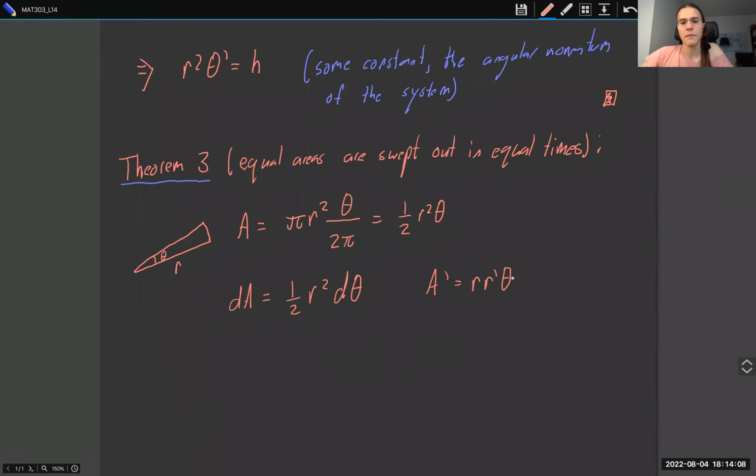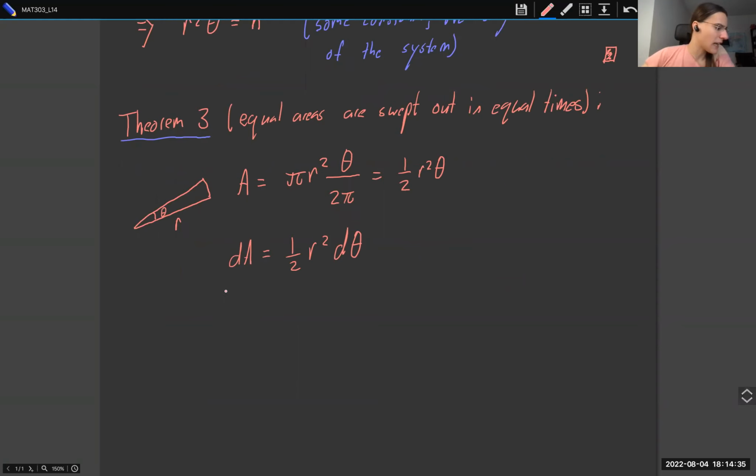But theta here is only meaningful as a change. So this really says an infinitesimal change is equal to this infinitesimal change. It doesn't necessarily make sense to differentiate this expression.